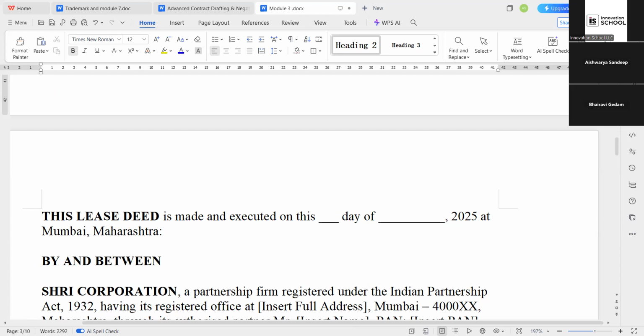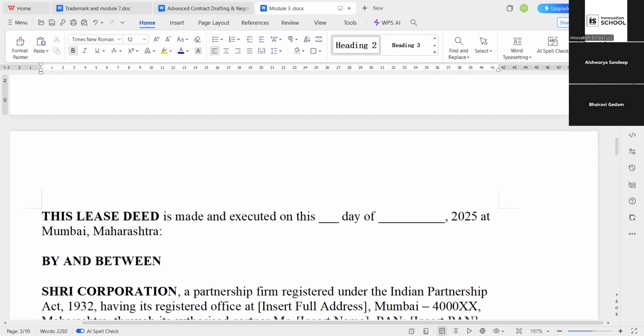Wherein for a flat, if you want to register a lease agreement, you need to give it for a minimum period of 3 months. Okay, sorry, 3 years. That is what I said.